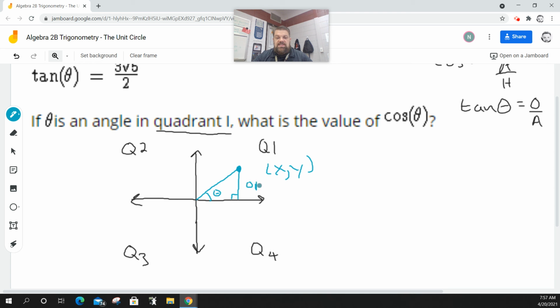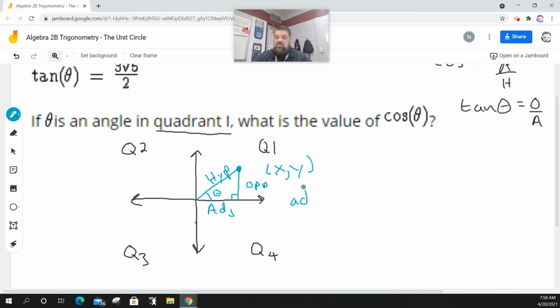Well, this is the opposite. The hypotenuse is the leg across from the 90-degree angle, and the opposite side is across from the angle theta, and the adjacent is the third side that's left over. So we say x comma y, but really the length from here to here is the x value.